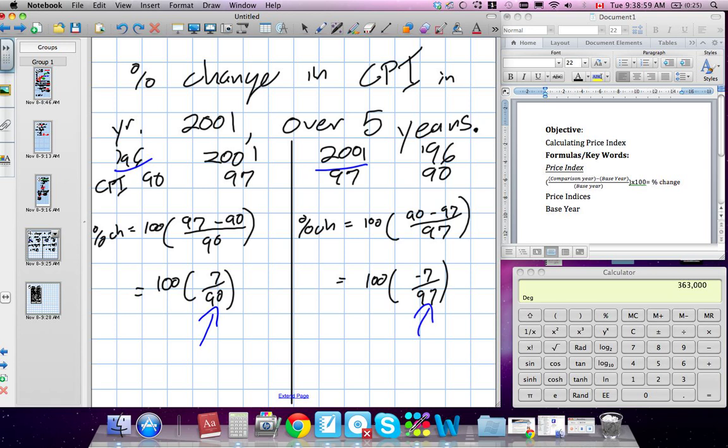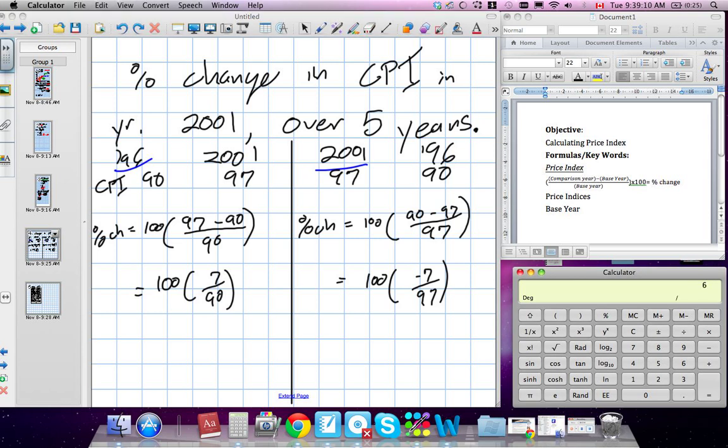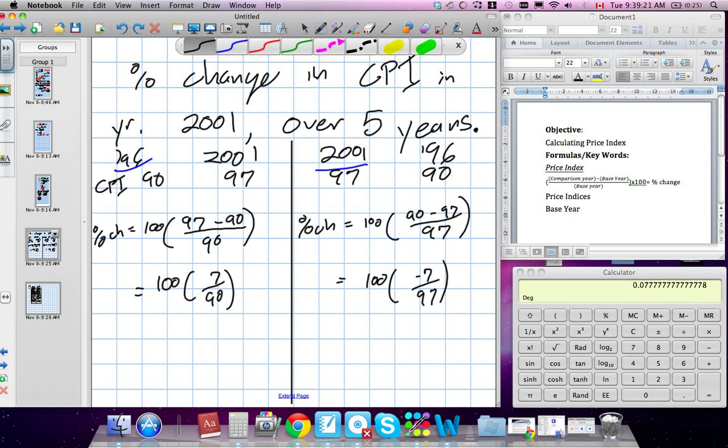So it's very important that you define what your base year was, okay? So 7 divided by 90, we get 0.078 repeated.